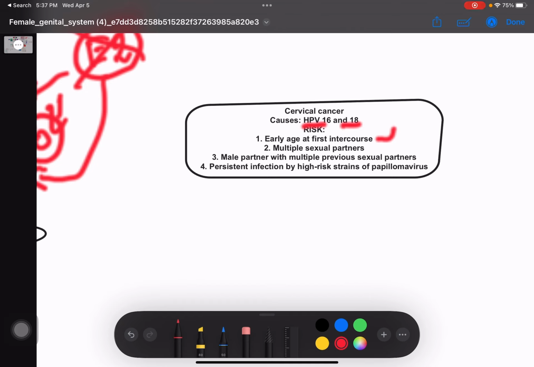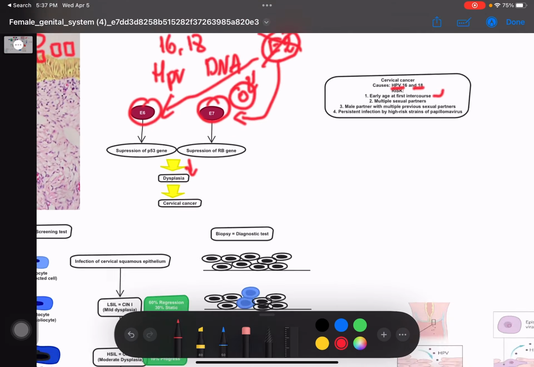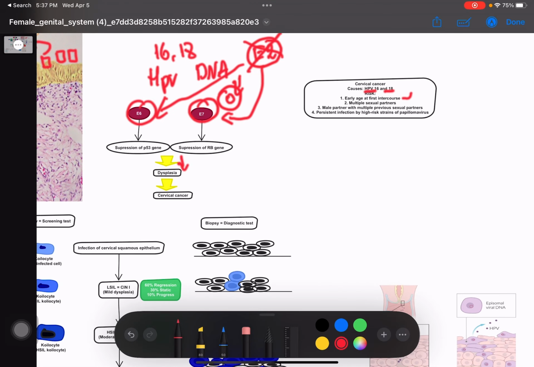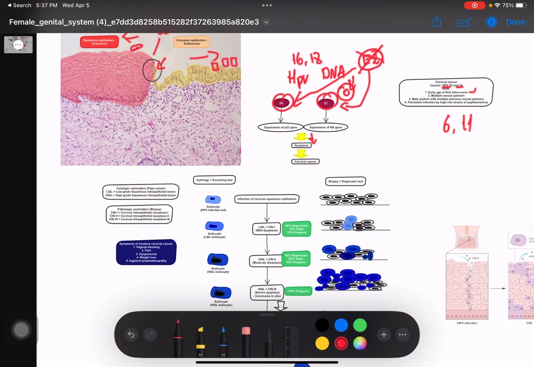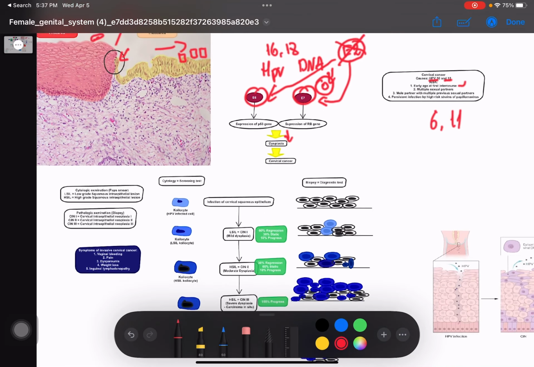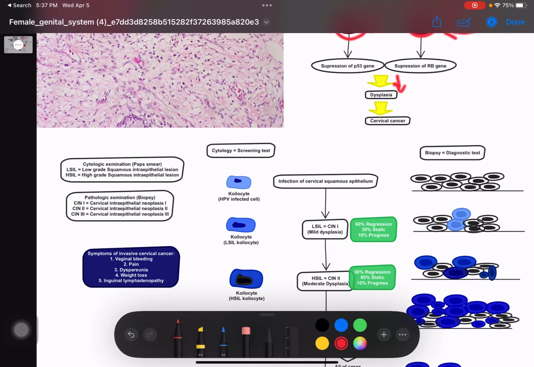The second risk factor is multiple sexual partners. The same problem applies to a male partner with previous sexual partners. Another is persistent infection by high-risk strains of papillomavirus. Other strains like HPV 6 and 11 just cause regular warts on the genital region, which are benign compared to the malignant ones, HPV 16 and HPV 18.